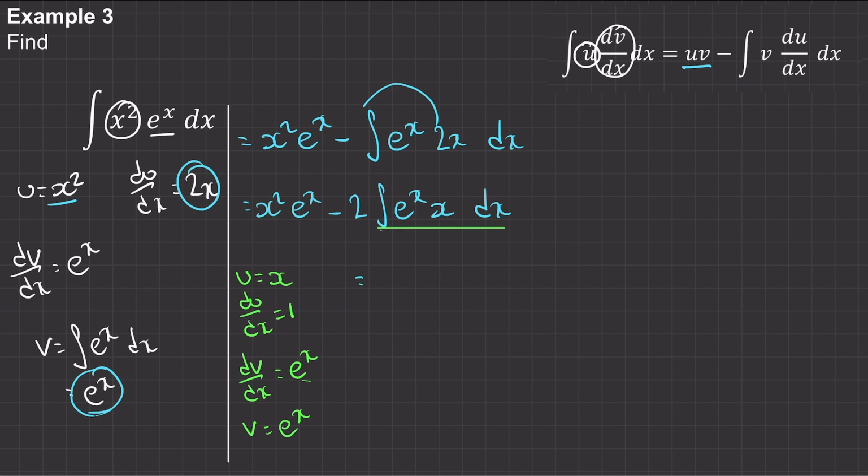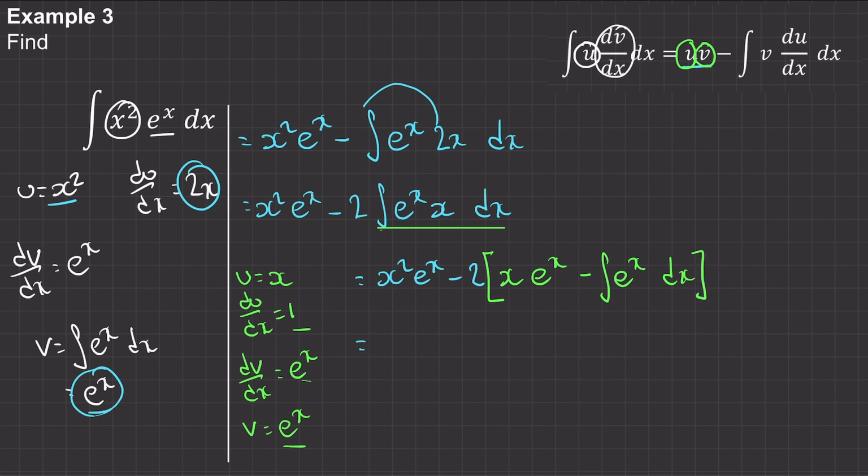So what we have is x squared e to the x minus 2, and now times the integral of e to the x, which is u. So x times v, which is e to the x, minus the integral of v e to the x du, which is 1.